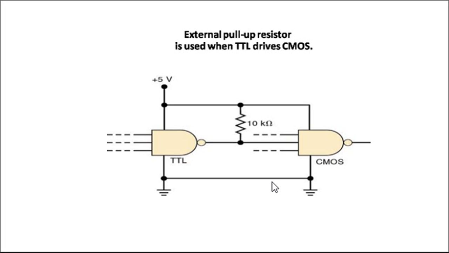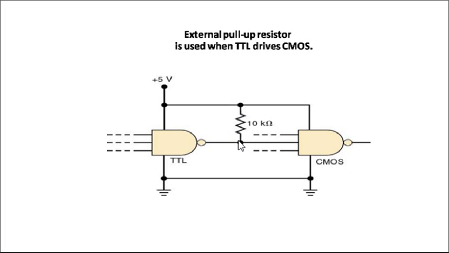The VOH voltage of the TTL is less than the VIH voltage of the CMOS. So the TTL output must be raised to an acceptable level for the CMOS. This can be done by using an external pull-up resistor.